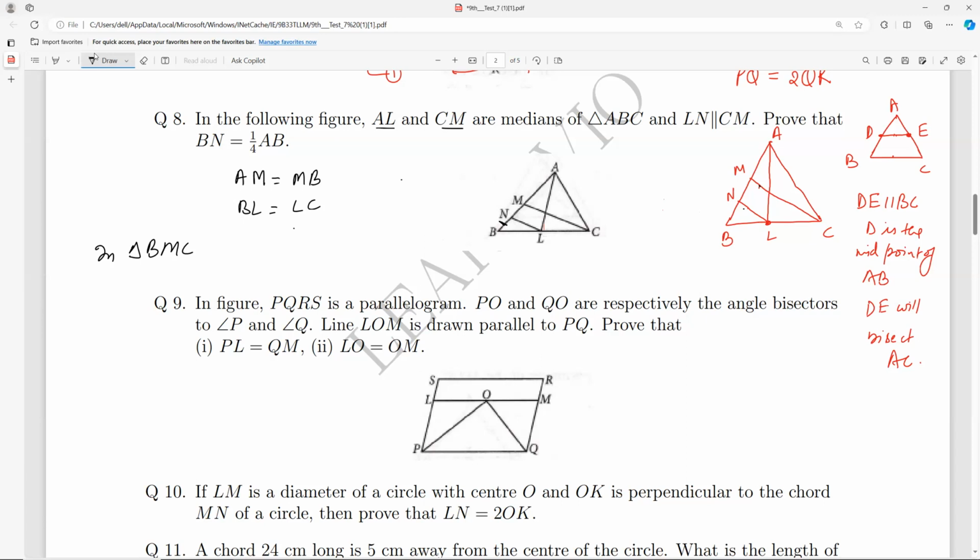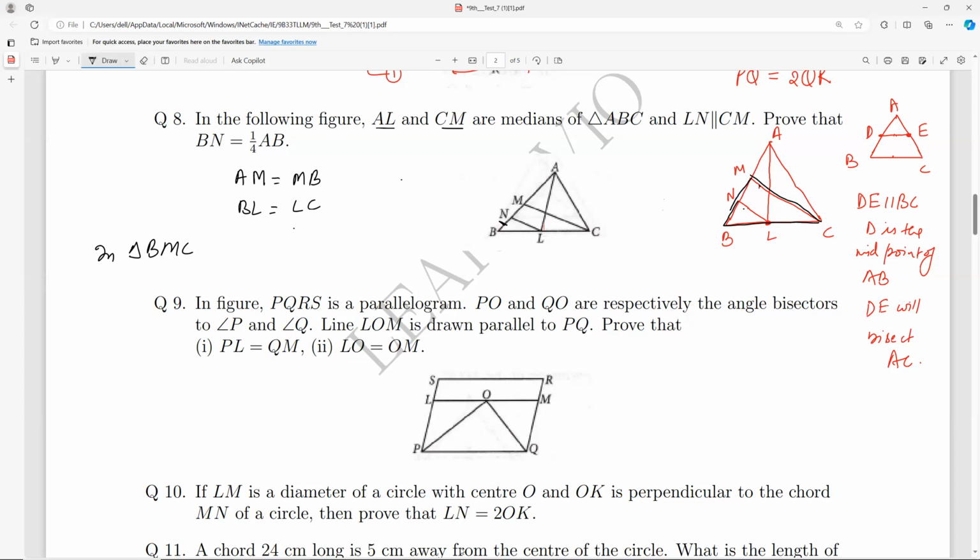Yes, sir, I'm there. This is the midpoint of this one, and this is parallel to this side. In triangle BMC, just concentrate, this is the triangle we are talking about. In this triangle, you know that L is the midpoint.